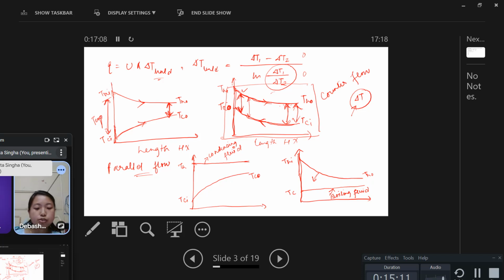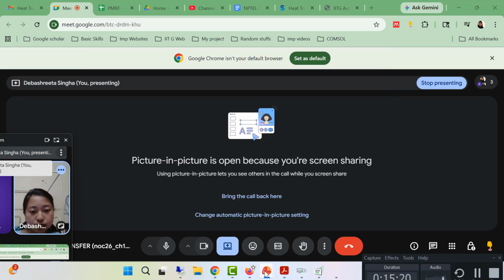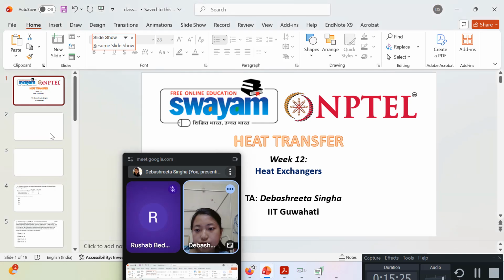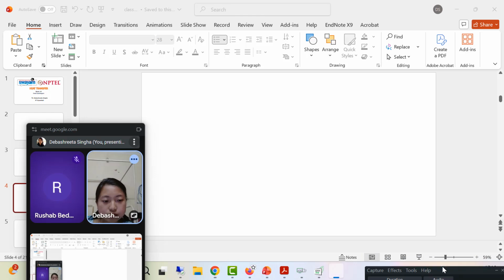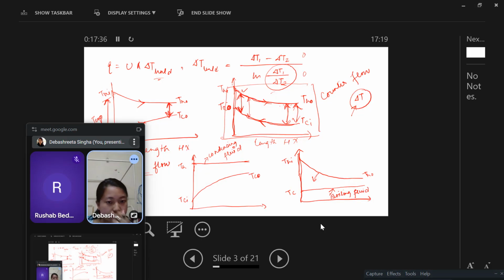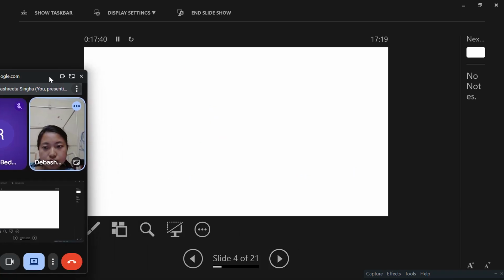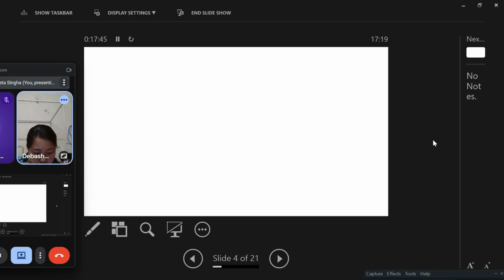For shell and tube heat exchanger, we have this formula: delta T LMTD equals F, some fraction, times the LMTD for counter flow.